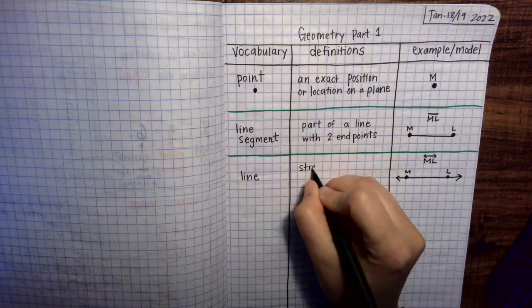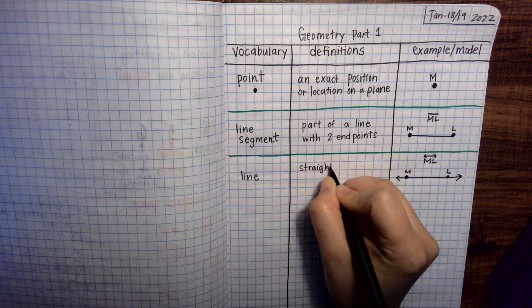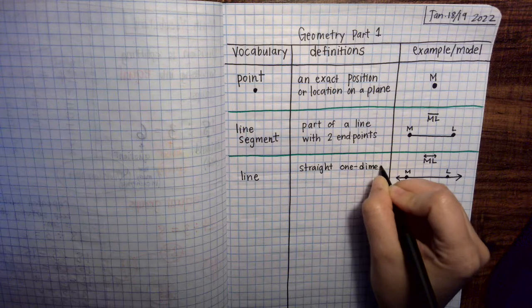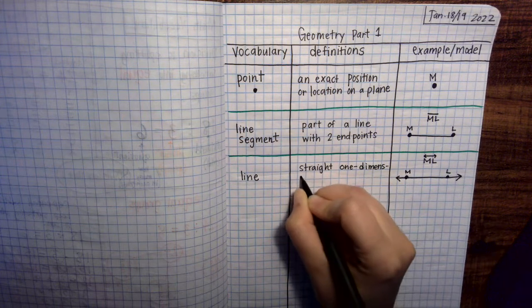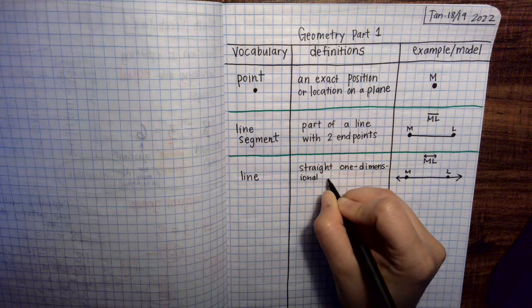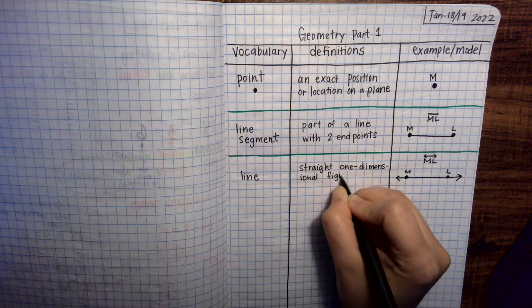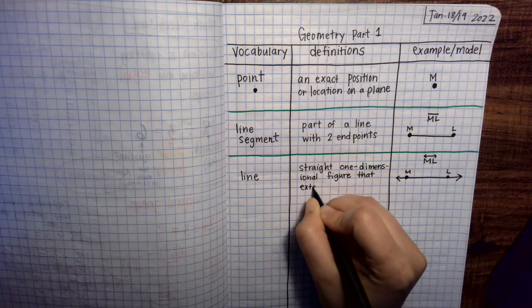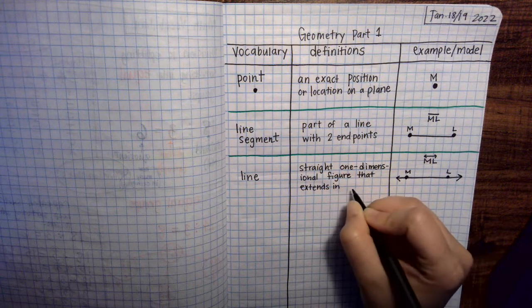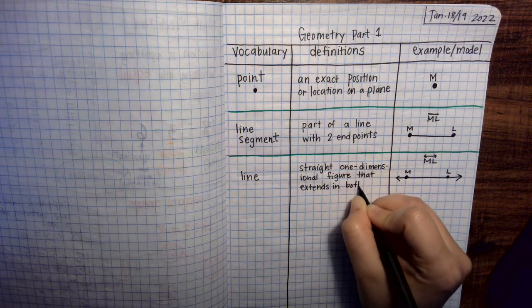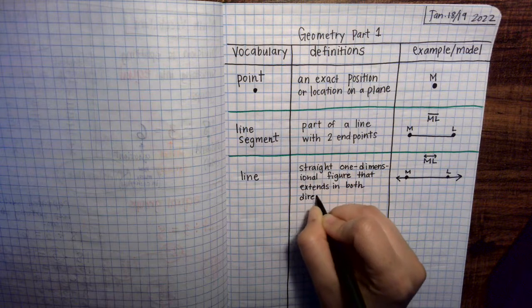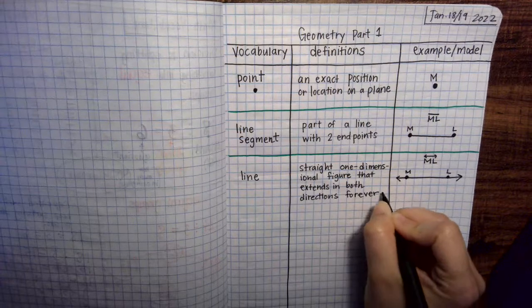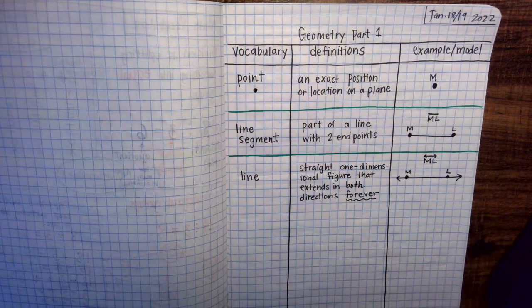Straight, one-dimensional. That means it only has one dimension. Forever.